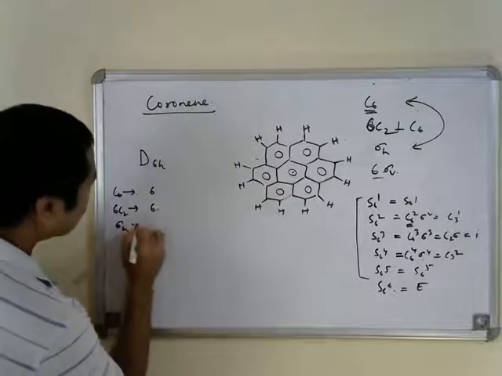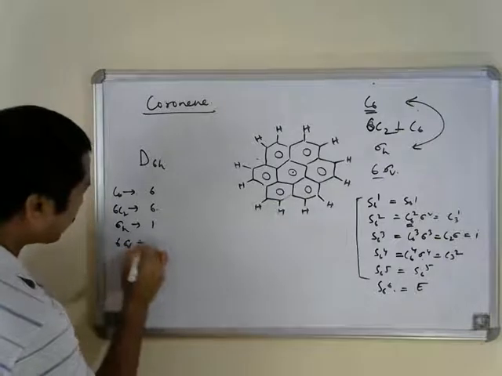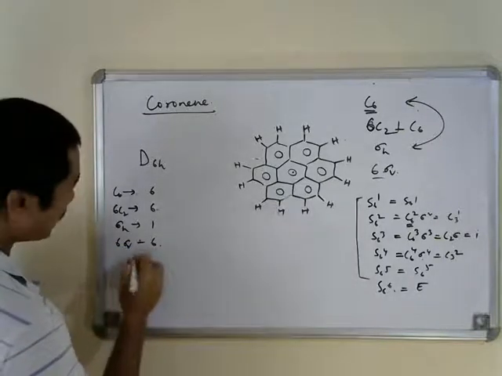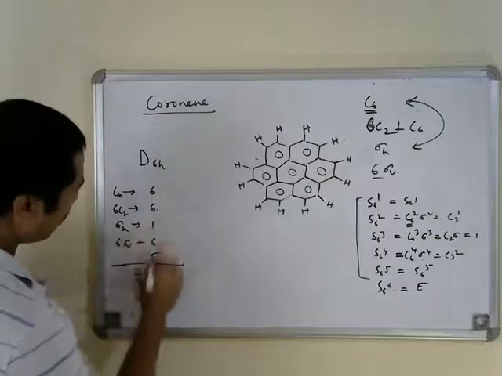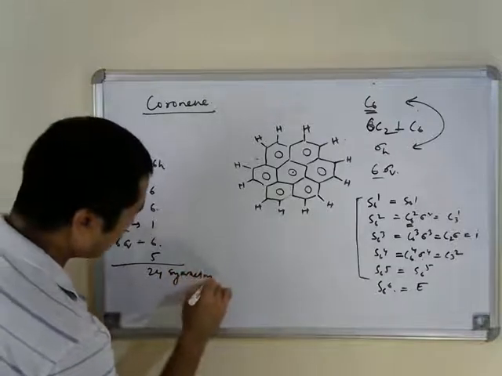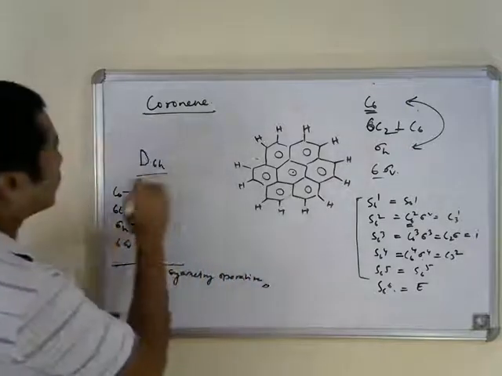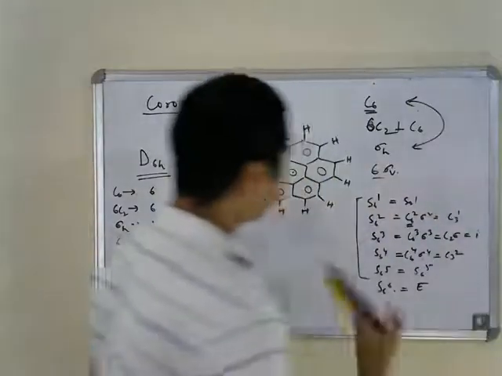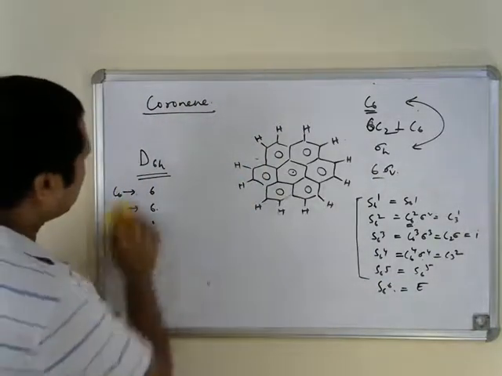Sigma H is one symmetry operation, 6 sigma V produce 6 symmetry operations, and the S6 axis of symmetry gives us 5 symmetry operations. So in total we have 24 symmetry operations within this D6h point group, and we have found all the symmetry operations in this molecule.